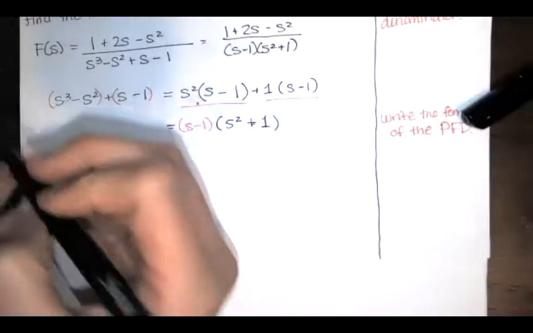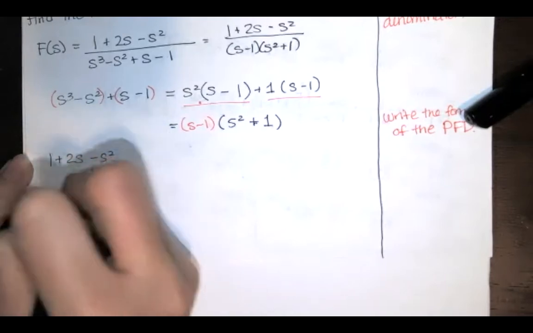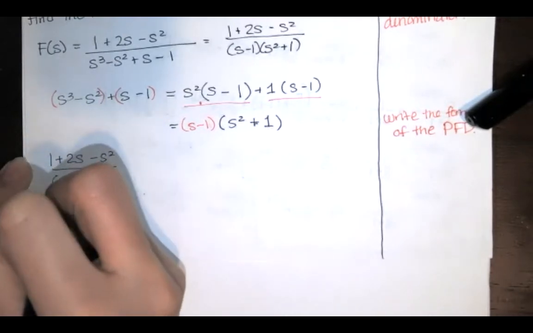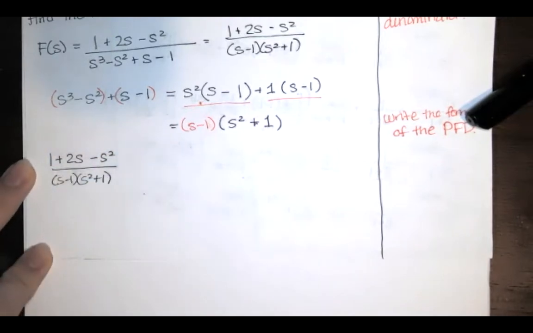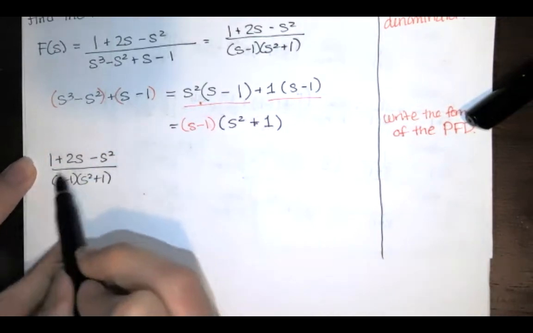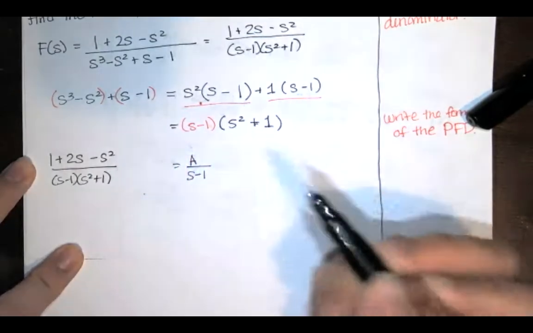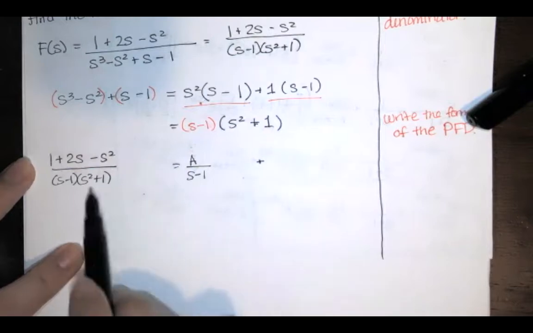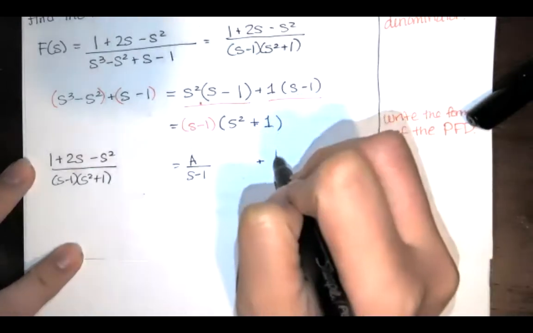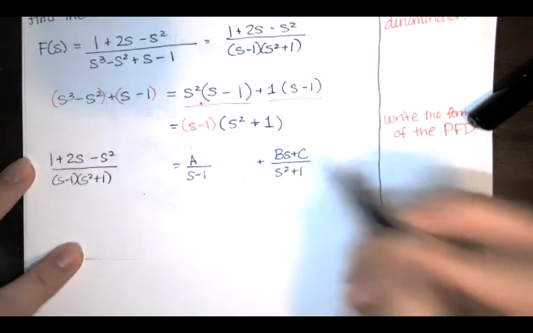Okay, so we have 1 plus 2s minus s squared over s minus 1 times the quantity s squared plus 1. Well, that is a linear factor. It's not repeated, so we'll have a constant over that factor here, and then we'll add the appropriate term for this irreducible quadratic factor. So we'll have b times s plus c in the numerator over that one.